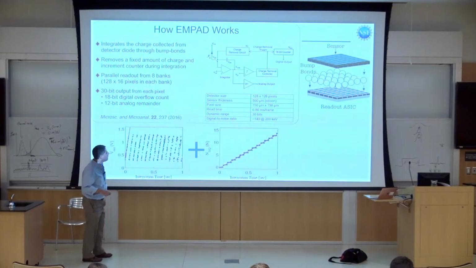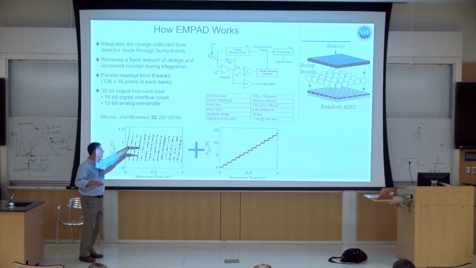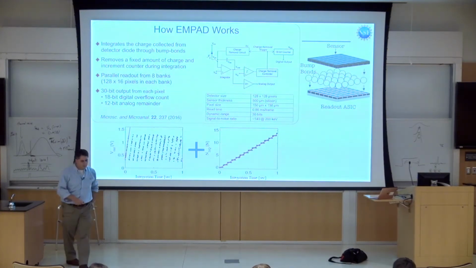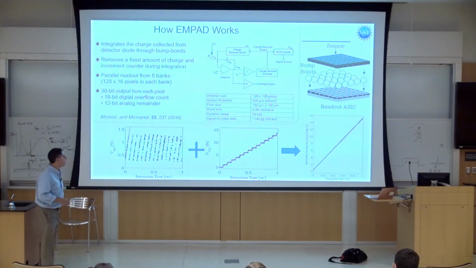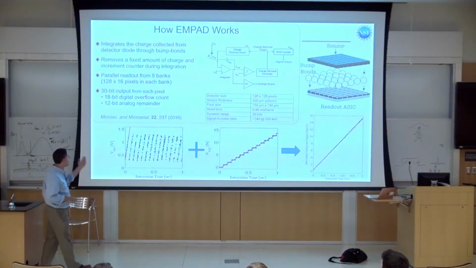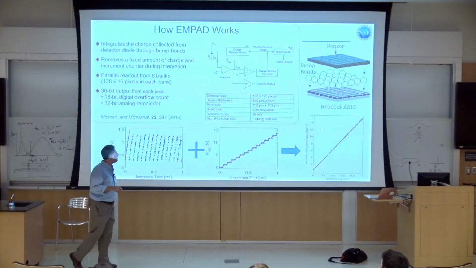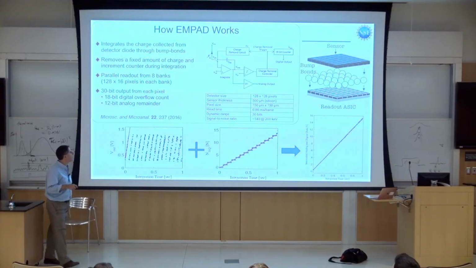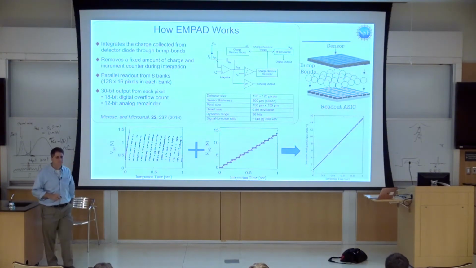And then here is the little counter adding up little quanta in units of multiple electrons. Put them together, and the signal is perfectly linear over a very, very large range. So this is a nice sanity check that we're perfectly linear over our 30 bits of dynamic range.